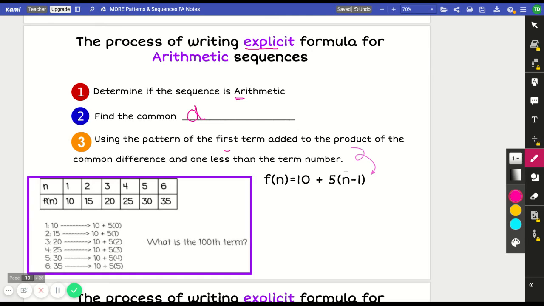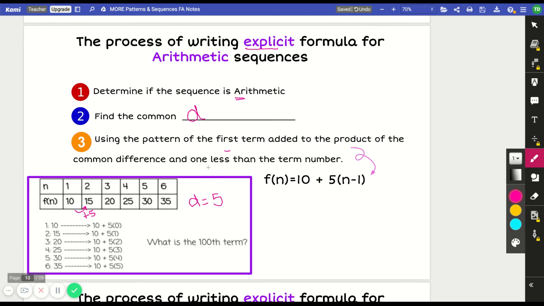So what does that mean? Let's look at the sequence over here on the left. We have 10, 15, 20, 25, 30, 35. So D is going to be equal to 5 because it's increasing by 5 each time.